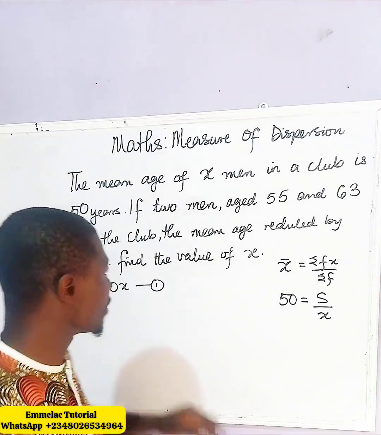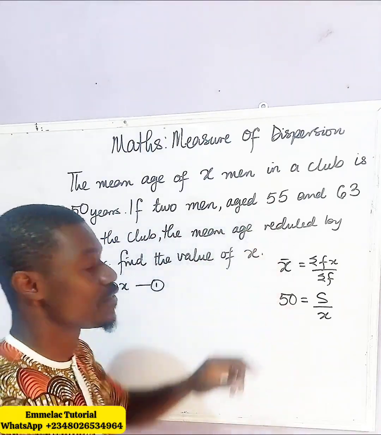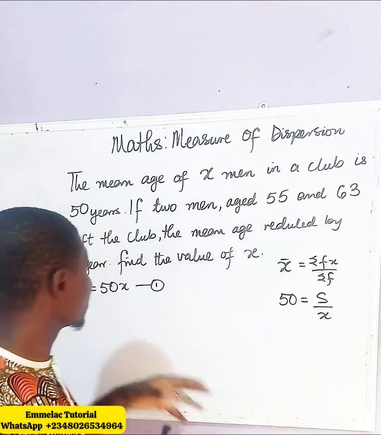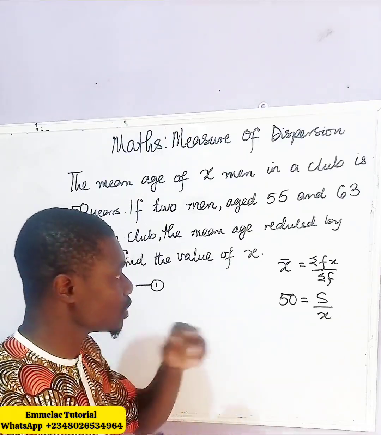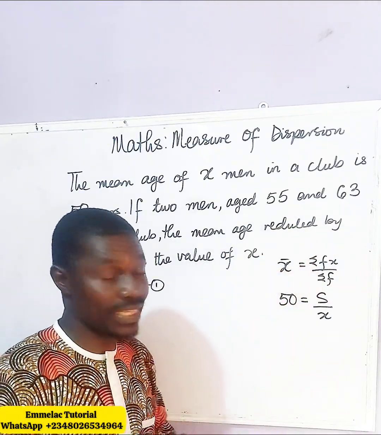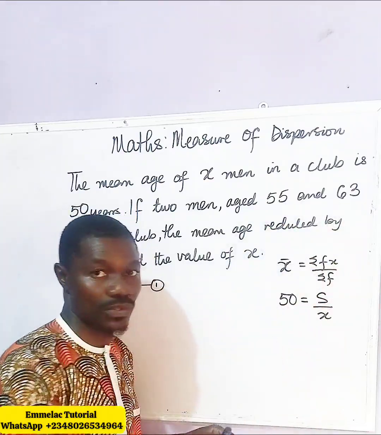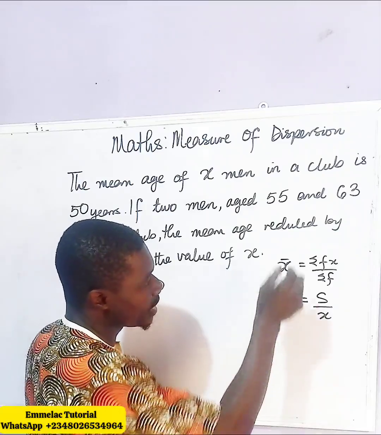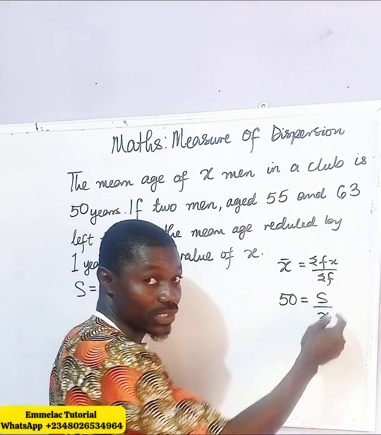Now the next sentence says if two men aged 55 and 63 left the club. How does this impact on this equation? Let us add these, which will give us 118. So the sum of these ages is 118, which means 118 will be deducted from here, because these are the ages.